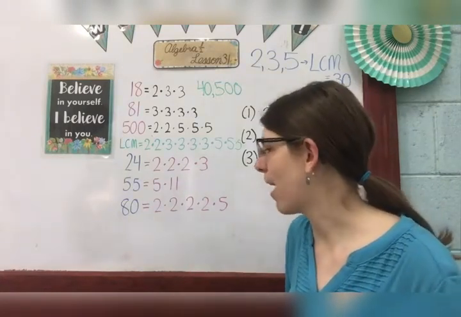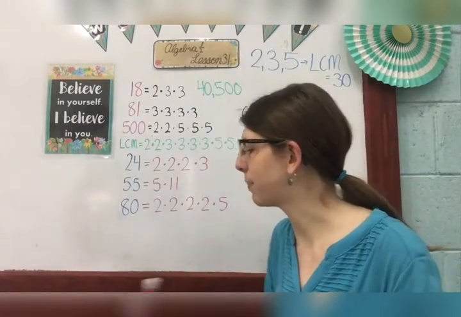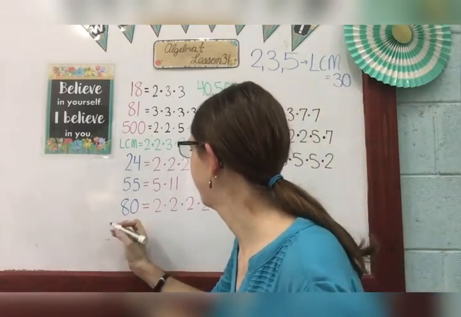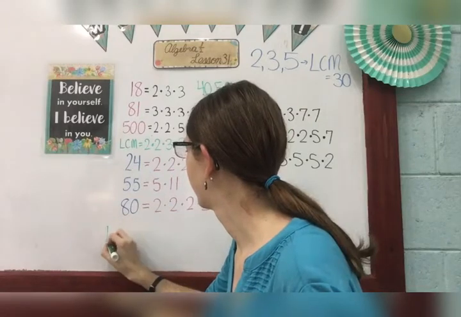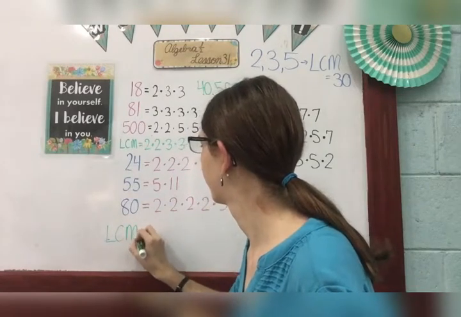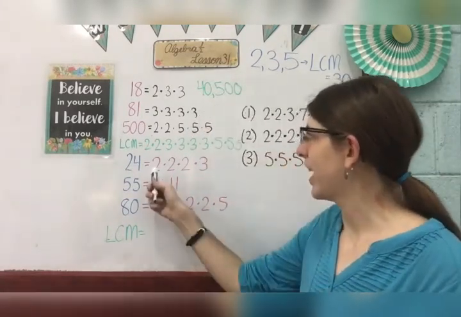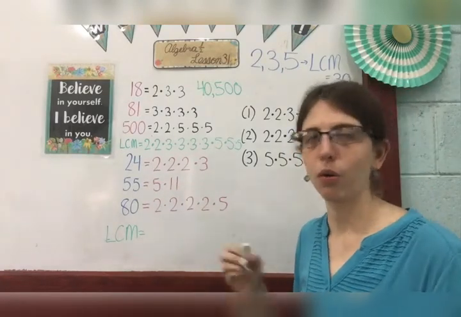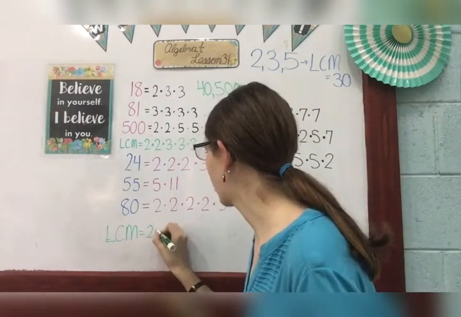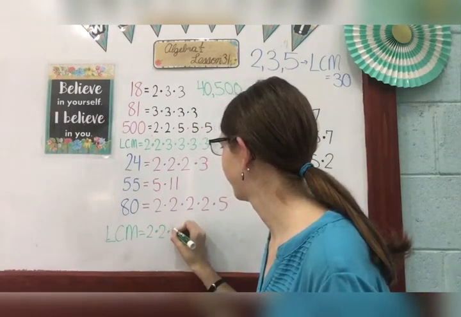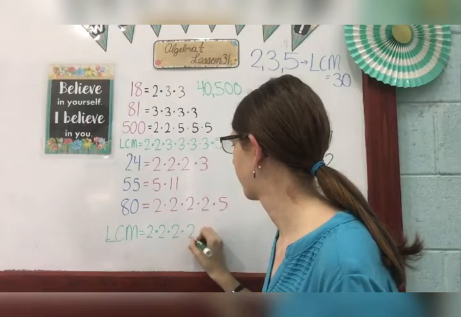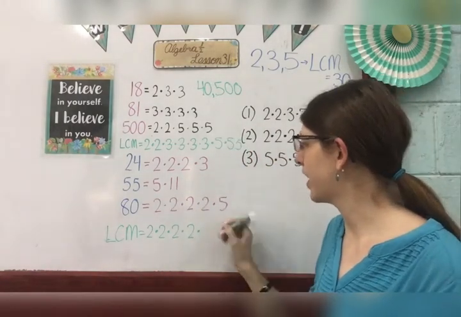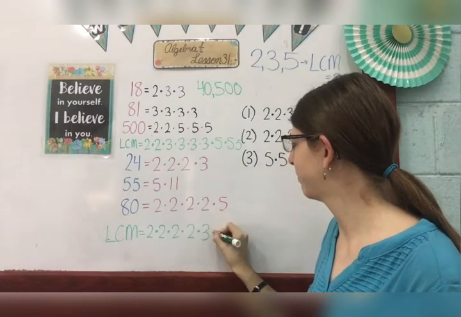Now I will write them out to find my least common multiple. So, let's start with the 2's. Here I have 3 2's. Here I have 4 2's. 4 is greater than 3, so I'm going to start with my 4 2's. Then I have 1 3 here, none anywhere else, so just 1 3.